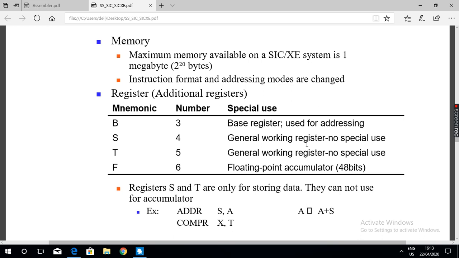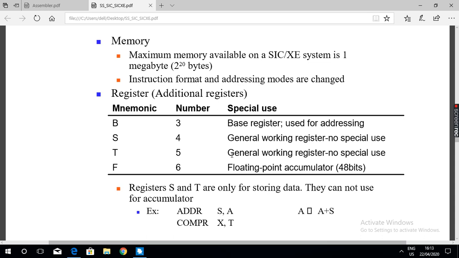Next you have a general working register whose mnemonic is S. It is used to store data used in arithmetic computations. The register number is 4. Another general working register has the mnemonic T, and its register number is 5.